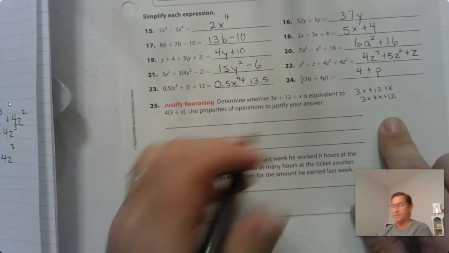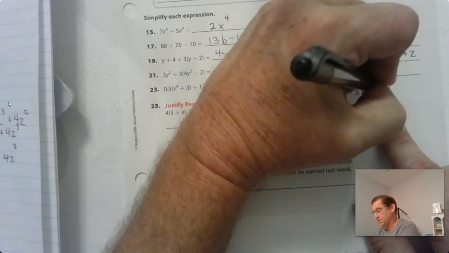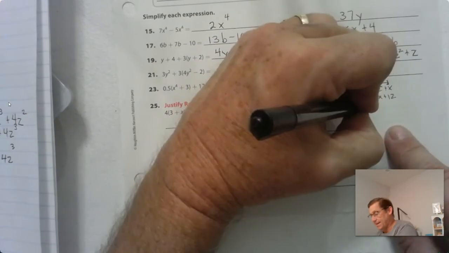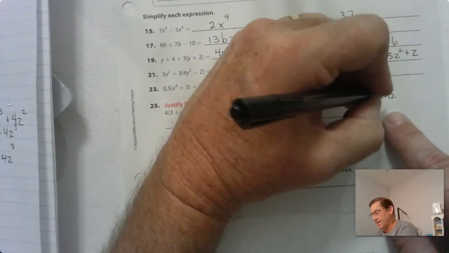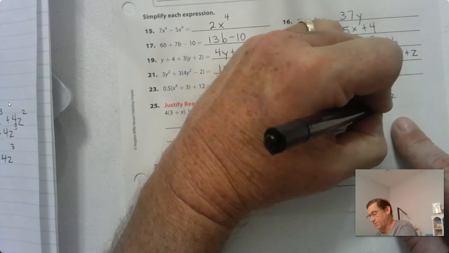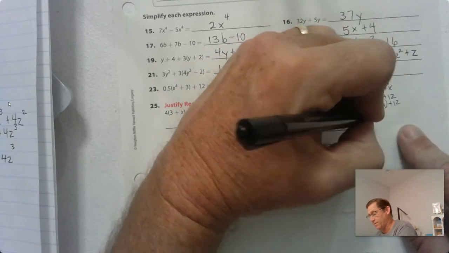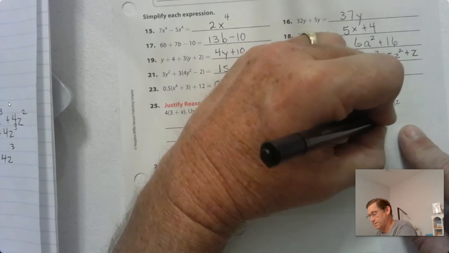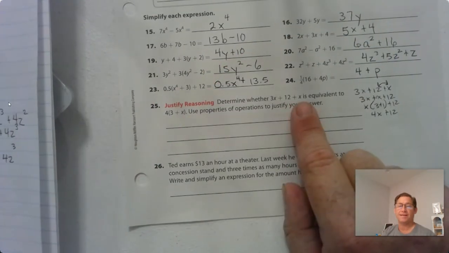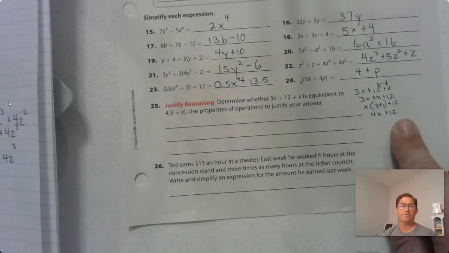I'm going to use the commutative property of addition to switch places with the 12 and the x. And so 3 times x plus 1x is the same as x times 3 plus 1 plus 12. So 3x plus 12 plus x is the same as 4x plus 12.